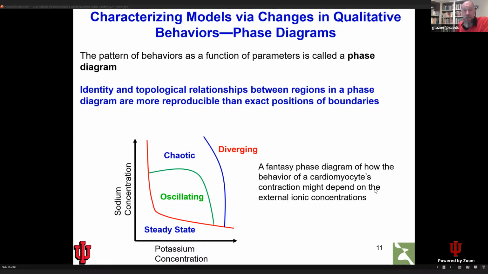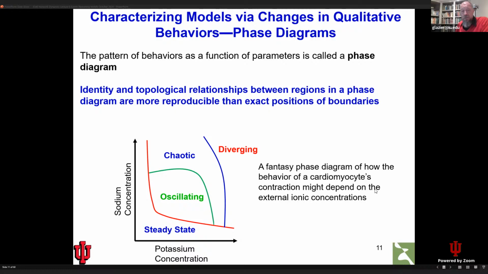Now, this is a fantasy. It's not really quite what happens. But if I imagine a cardiomyocyte, so a muscle cell in the heart, those cells under normal concentrations of sodium and potassium contract spontaneously. They oscillate spontaneously. If you put them in an environment they don't like, they'll stop oscillating.